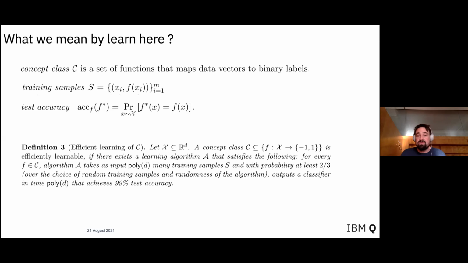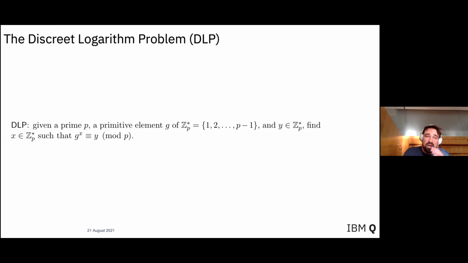So with a certain probability, you should achieve a fixed test accuracy, say 99%, in principle with polynomial effort, meaning polynomially many samples and an algorithm that takes polynomial time. Okay, so what is the problem that we base this on, for which we construct the learning algorithm? We base this on the discrete logarithm problem.